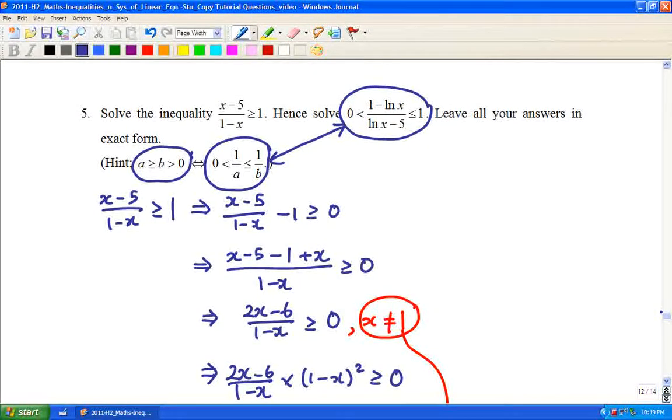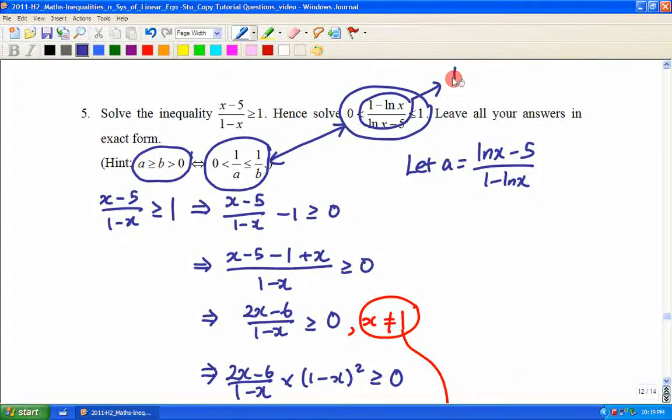If we let a be (ln x minus 5) over (1 minus ln x), this part in the middle here will correspond to 1 over a. Similarly we'll let b be equal to 1, so 1 here will correspond to 1 over b.